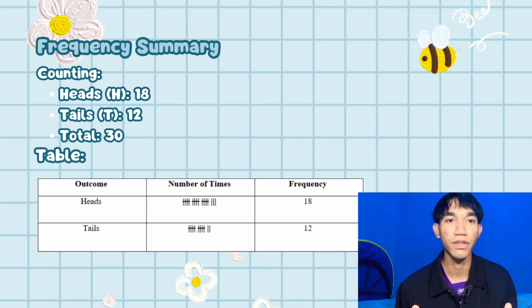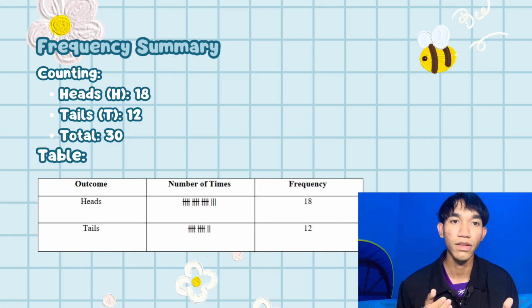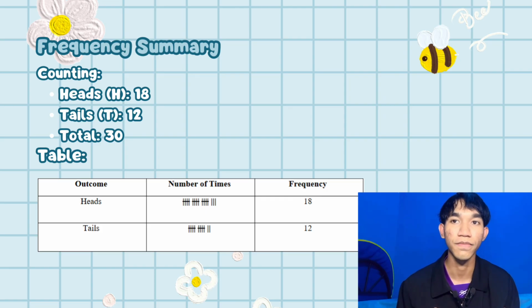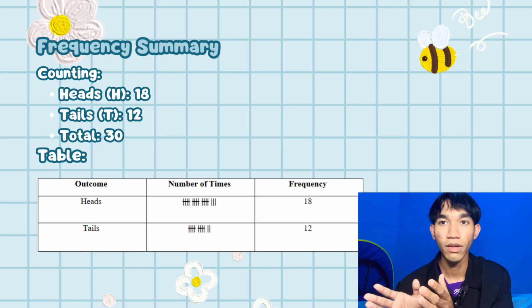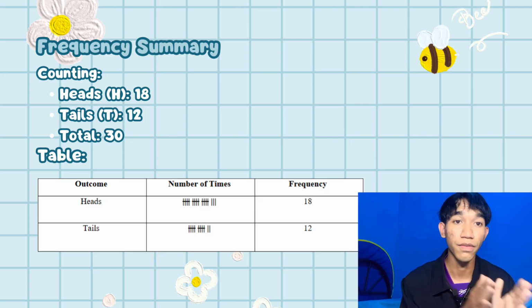This is the frequency summary for this experiment. The count for head is 8 and the tail is 5, so the total is 13. If you can see in the table, the outcomes are head and tail, and the number of times is 8 and 5, the same as the frequency.